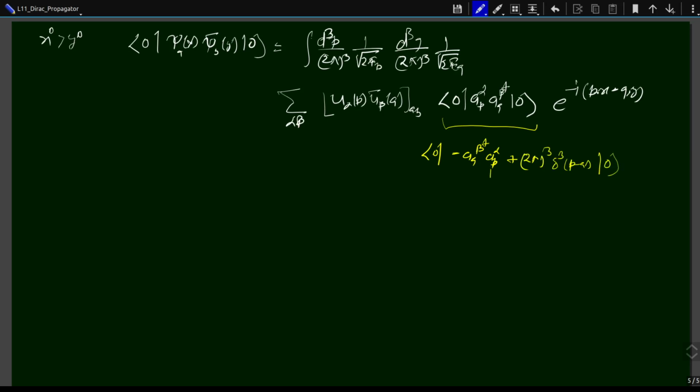Now here a acting on this gives me, the first term is gone, so that gives me just (2 pi)^3 delta^3(p minus q). I'm sorry, there's one more thing, delta alpha beta.